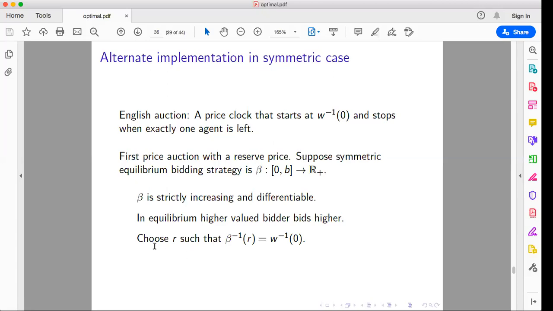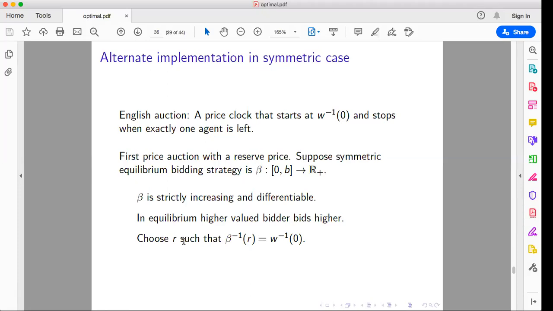So what is the reserve price that we should choose in the first price auction such that it mimics the Vickrey auction outcome? Well, we know that we only want to allocate when at least one of the values of the bidders is greater than W inverse 0.